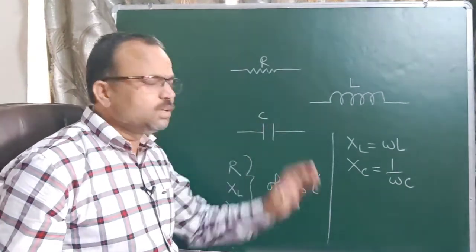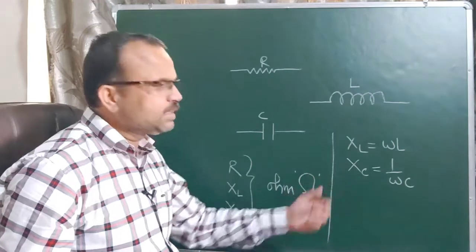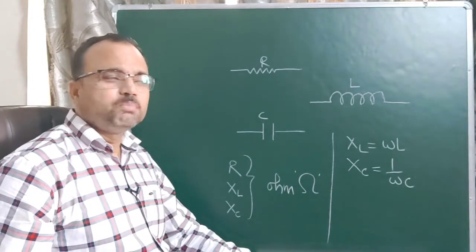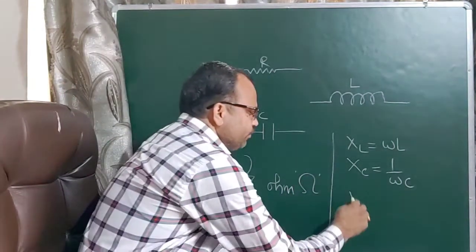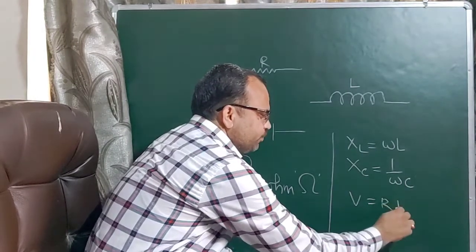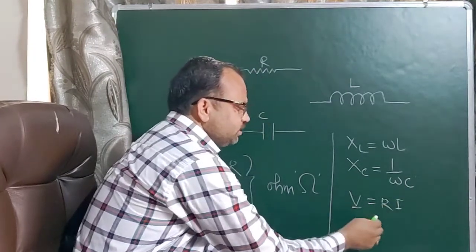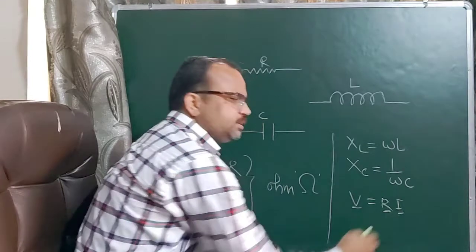So in general, how can we calculate the resistance? By using the well known formula V equal to Ri. Here V is voltage, R resistance and I current.